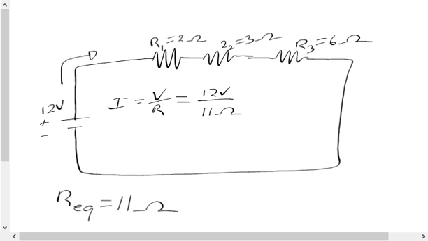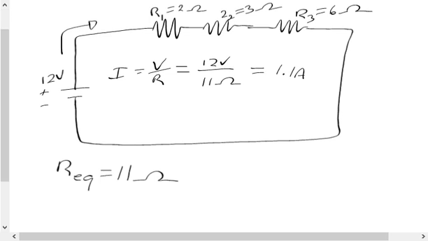So our current across the entire circuit, I'll have to calculate that on the fly. It's going to be 12 divided by 11, giving us 1.09. Let me just round that off to 1.1. And that is going to be the unit of amps, so 1.1 amps. So the current is equal to 1.1 amps.